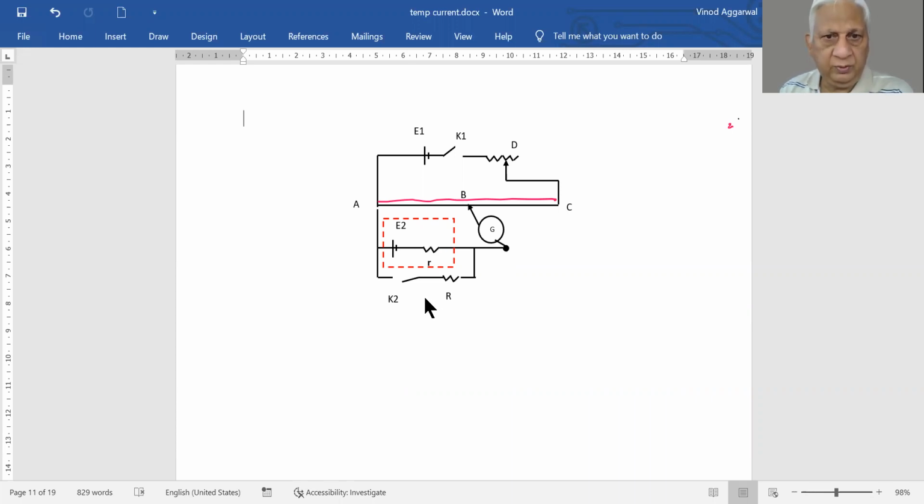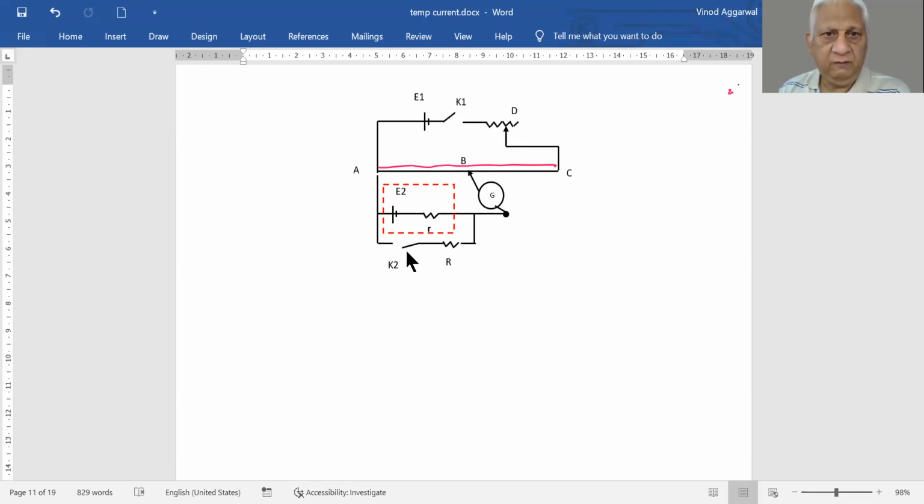Now what we do is we attach a resistance R external to it, which is parallel to the battery with a switch. We first keep the switch open and then we find the balance point.